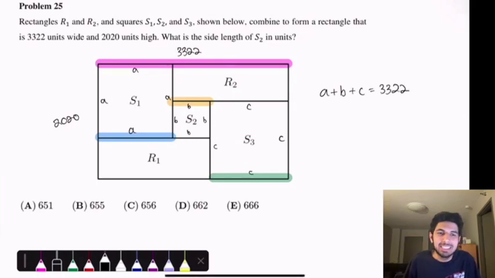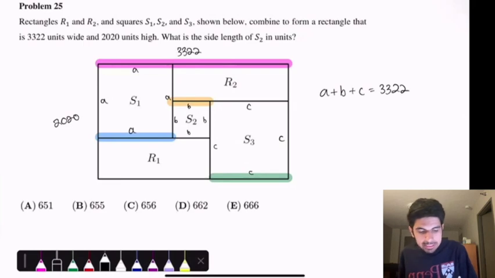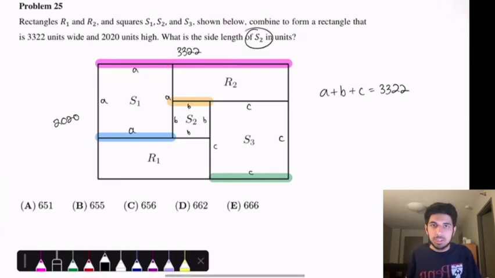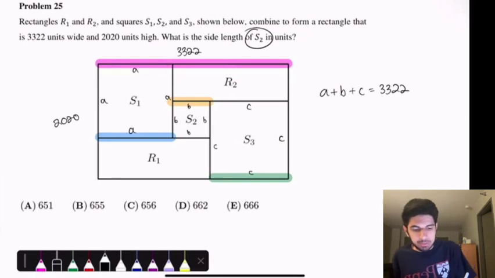So again, we're using this decomposition technique, or rather a composition technique where we take smaller things and make a larger thing. Okay, that seems to be helpful. And remember, we're solving for the side length of S2 in units, so we're solving for B. So we have an equation with B in it, that's pretty good. Let's try to get another equation. And now we'll look at the height.